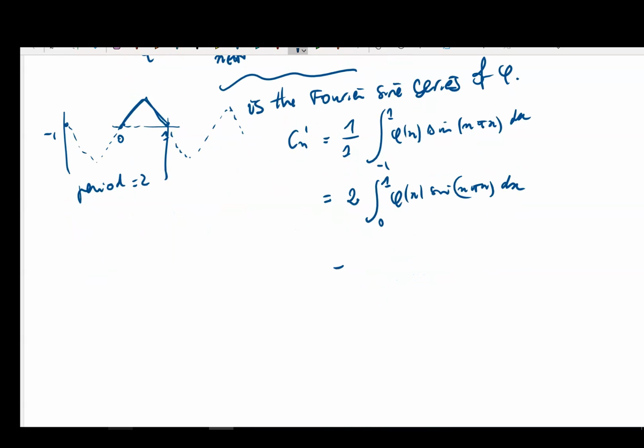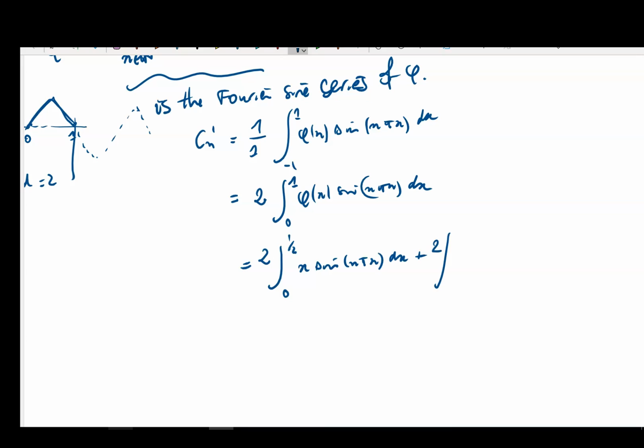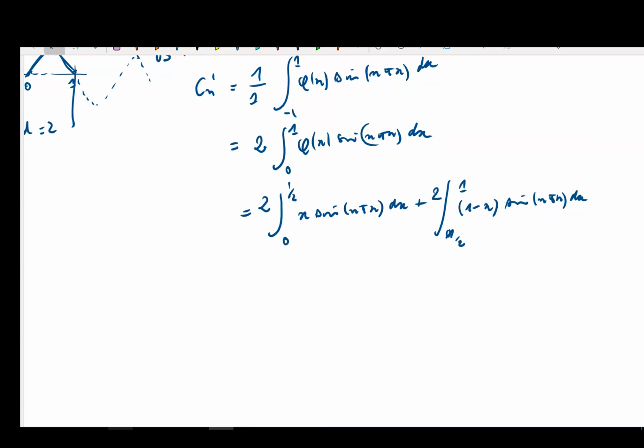Which in turn is equal to, well, I have to use the expression of my function: between 0 and 1 over 2, that's just going to be x sine n pi x dx, plus 2 times the integral between 1 over 2 and 1 of 1 minus x, sine n pi x dx.